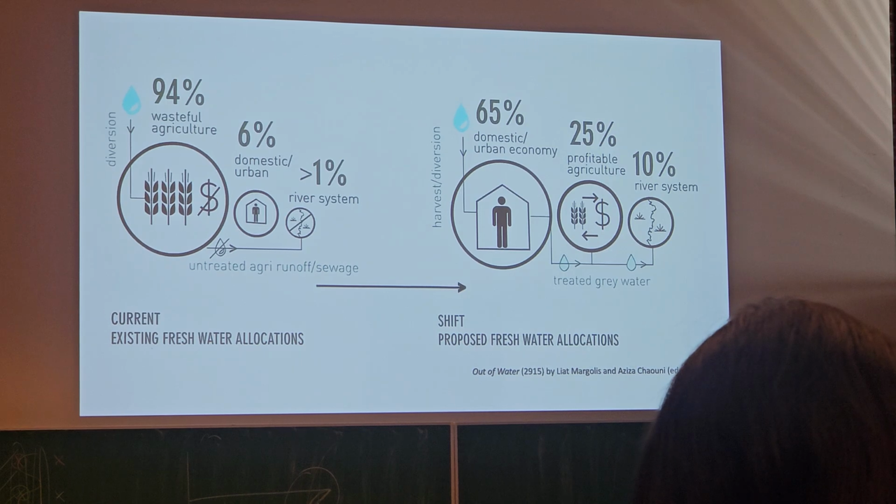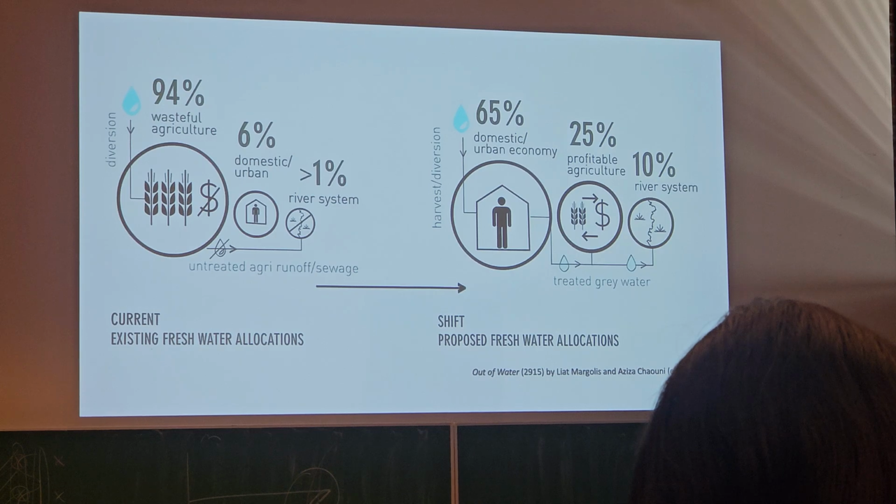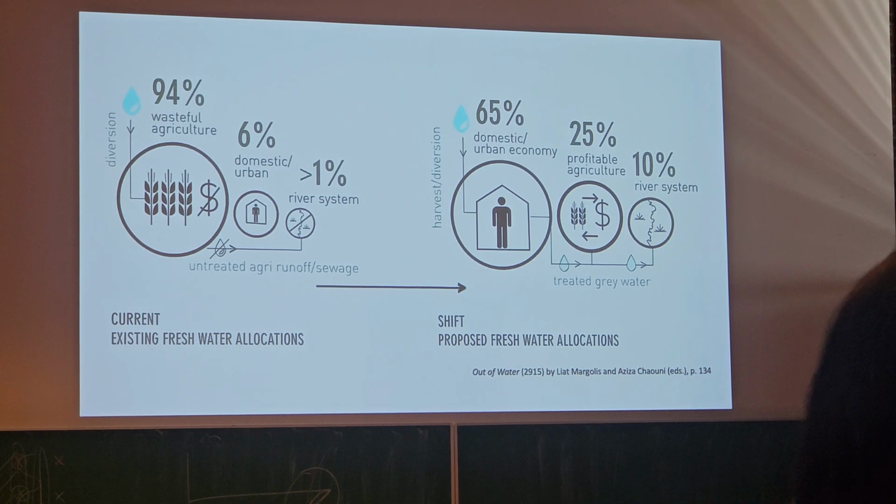So the idea is if we can go from this kind of system in the Jordan Valley by being much more cyclic, by inversing, we can actually start to come much more to changing where the water for agriculture is not so much used for agriculture, but we give it much more.